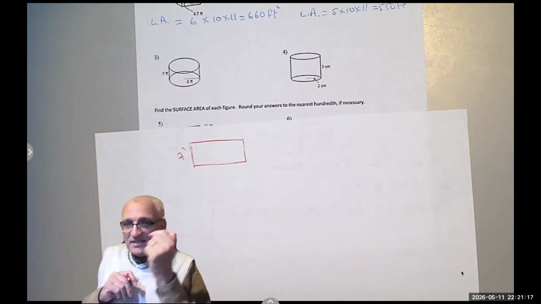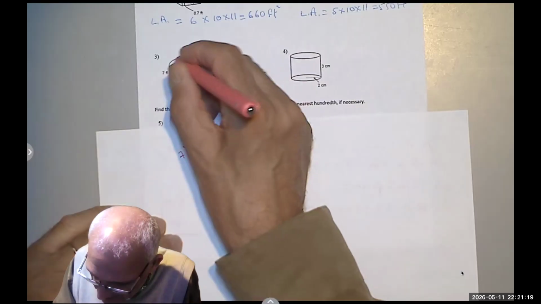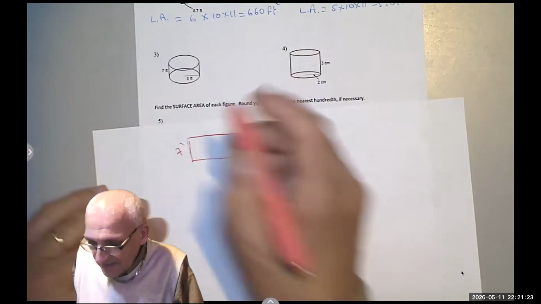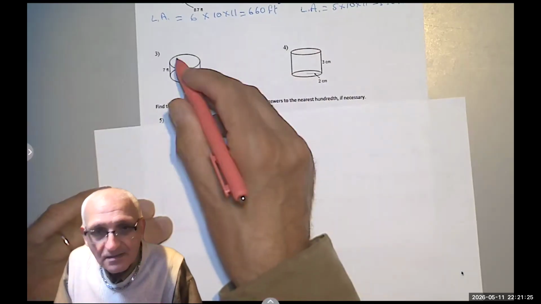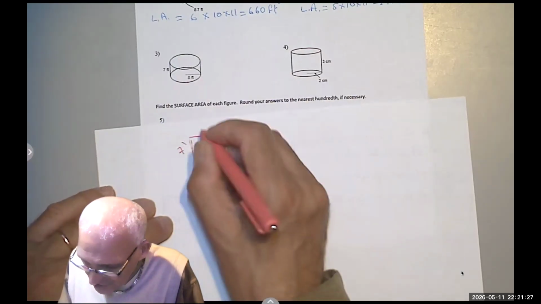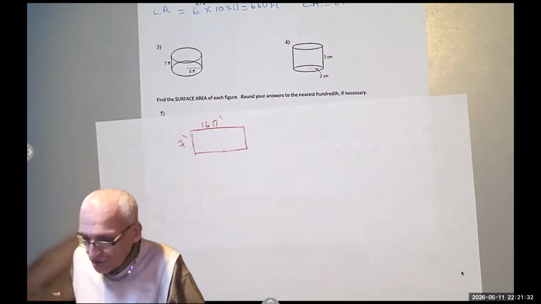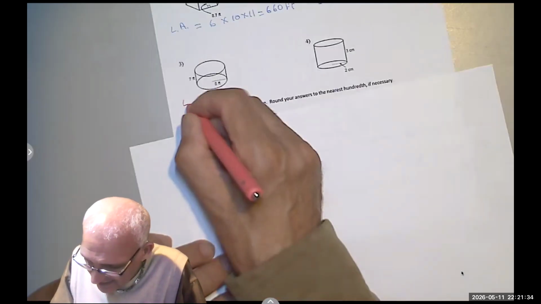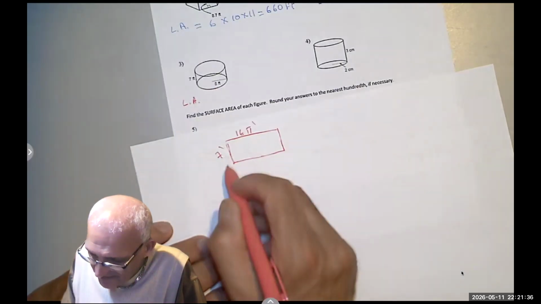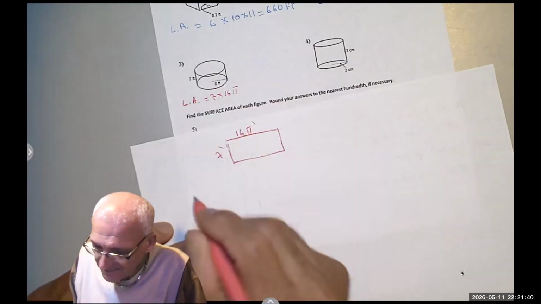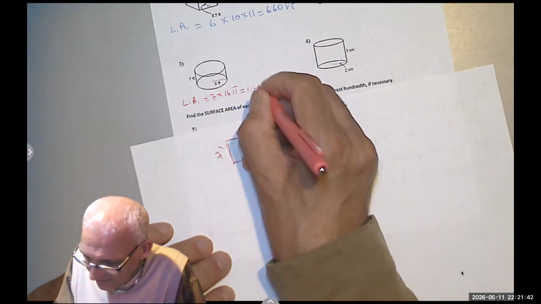The length of the base is the perimeter of this circle, right? Because when you open it, this is 2 pi r. R is 8, so this is 16 pi feet. So the lateral area here becomes 7 times 16 pi equals 112 pi.